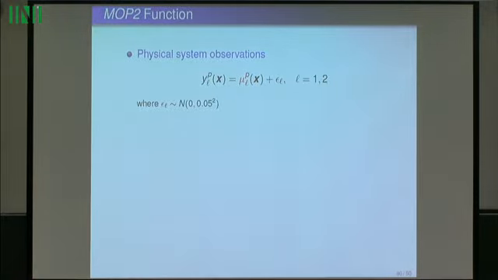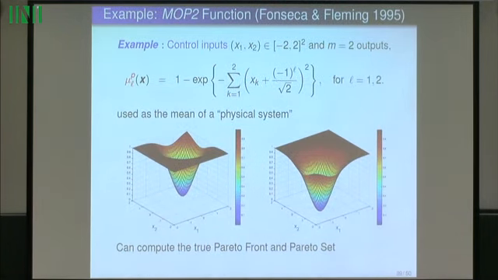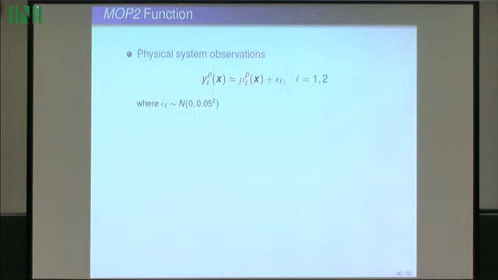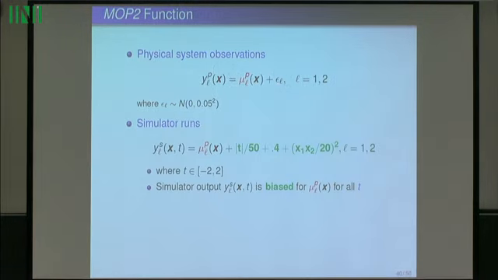Okay, so what we did was we tried to create an example that would mimic real life. So we took this as our real mean, and then we added some observation errors to get the physical observations. For the simulator run, this is just one example, we added various biases.